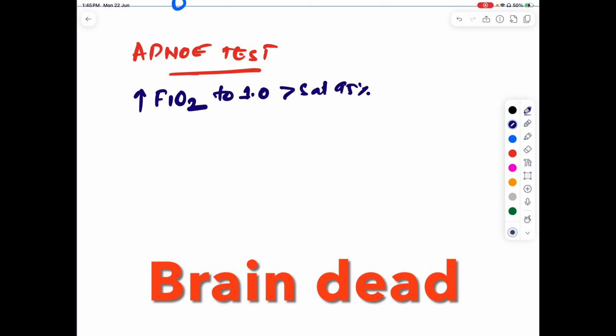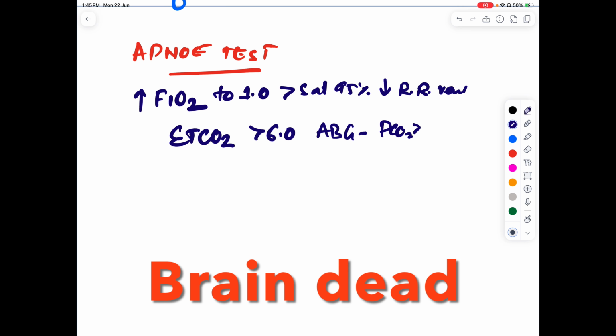Then decrease the respiratory rate on the ventilator until EtCO2 is more than 6. Do ABG. PaCO2 has to be 6 and pH 7.4.